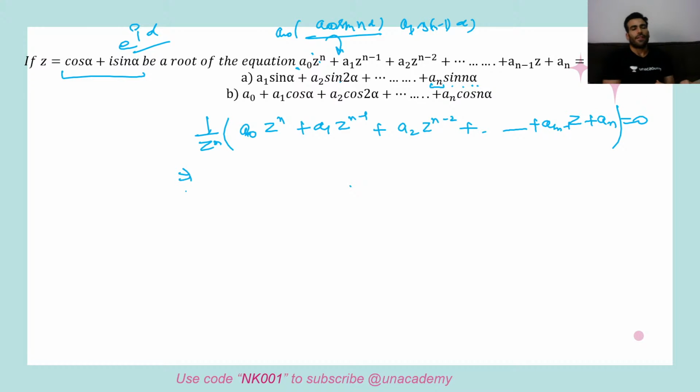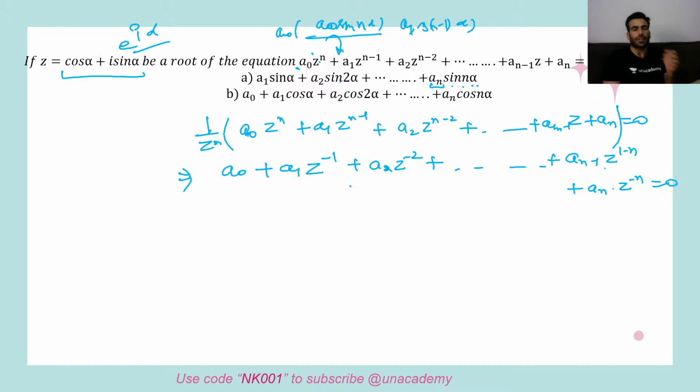Let's do this. When I try to divide this entire polynomial with z raised to n, what do I get? a naught plus a1 z^(-1) plus a2 z^(-2), and this will continue till a(n-1) z^(1-n) plus an into z raised to minus n is equal to 0.